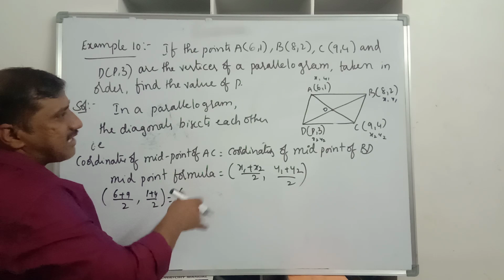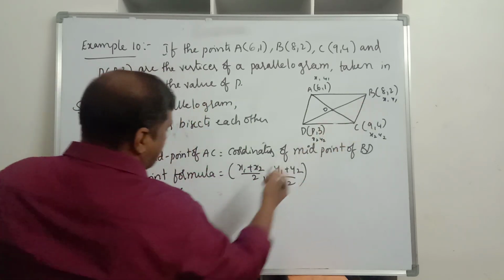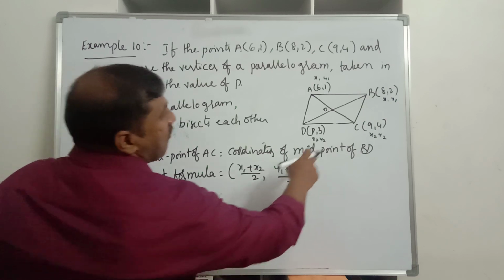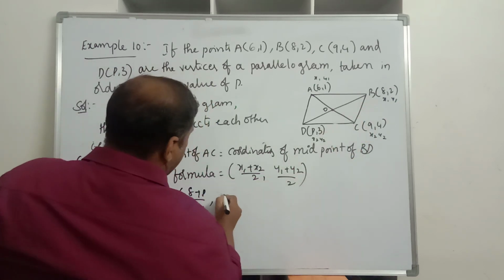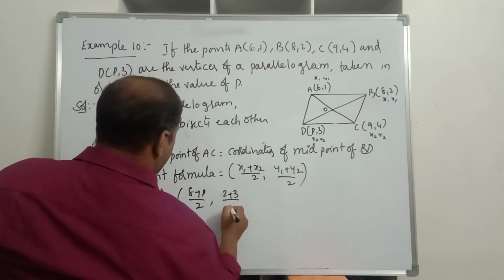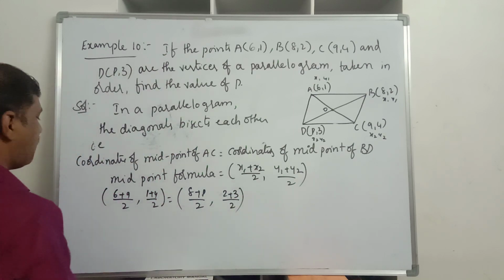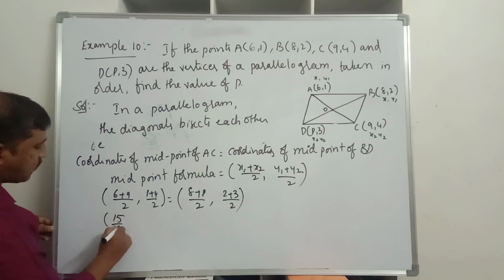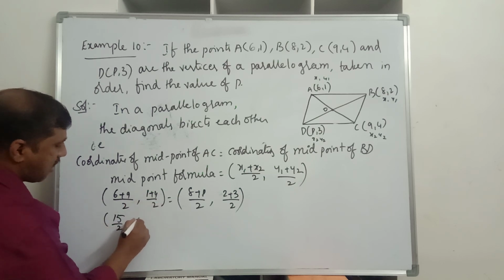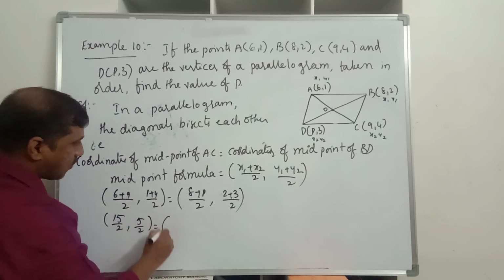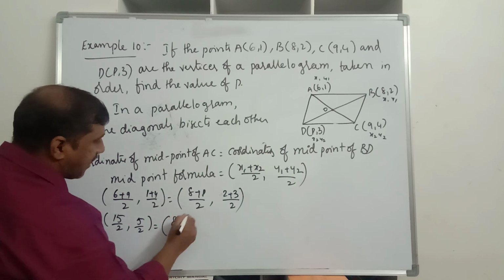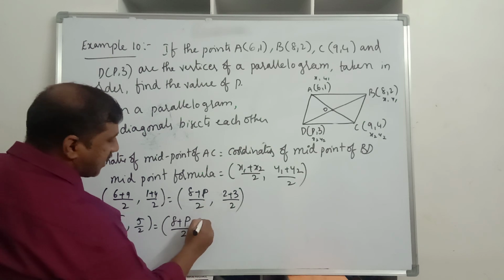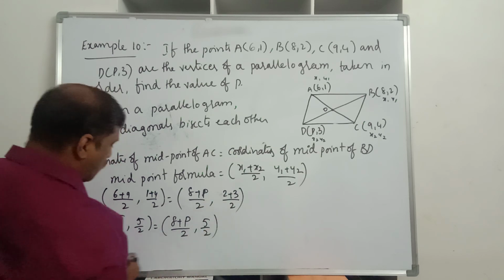Applying the formula, ((8 + p)/2, (2 + 3)/2). Now simplify: (15/2, 5/2) equals ((8 + p)/2, 5/2).